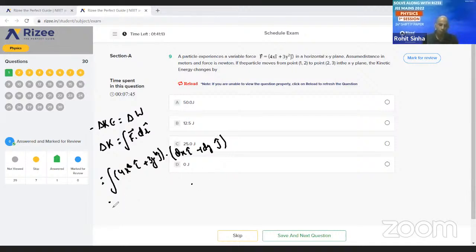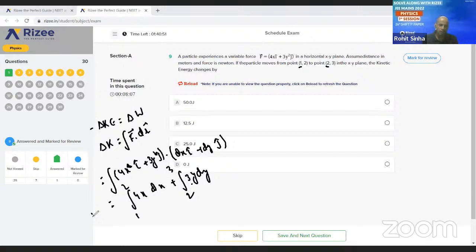Now we separate it using the dot product: 4x dx plus 3y square dy, and then we put the limits for x from 1 to 2, and for y from 2 to 3.